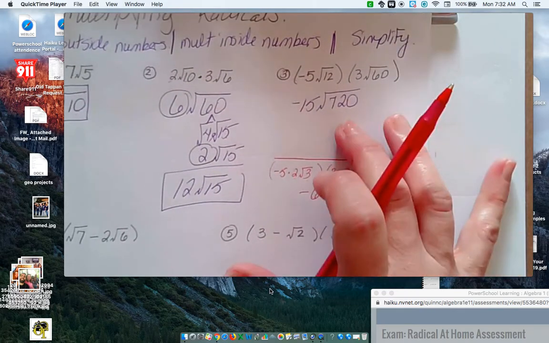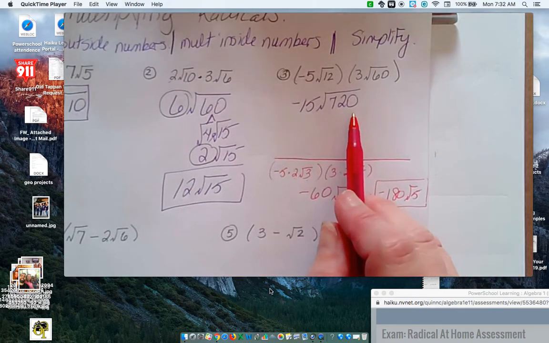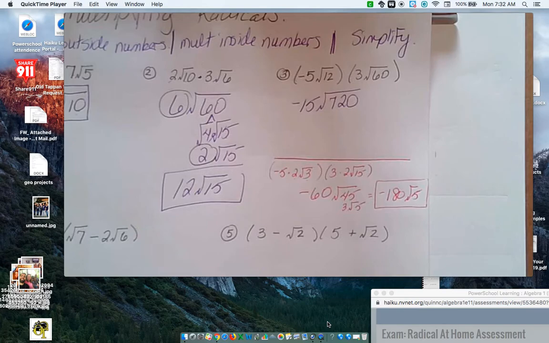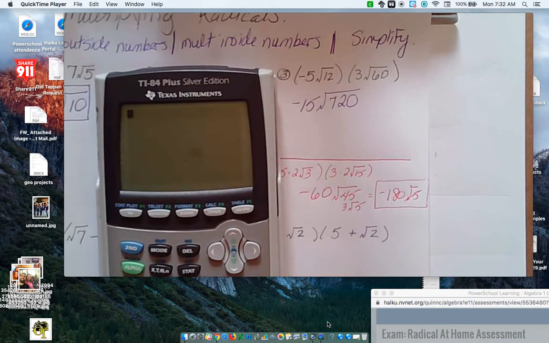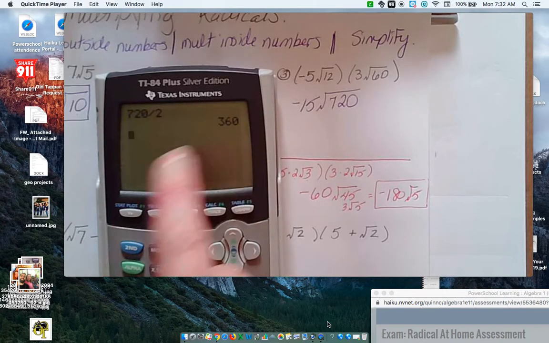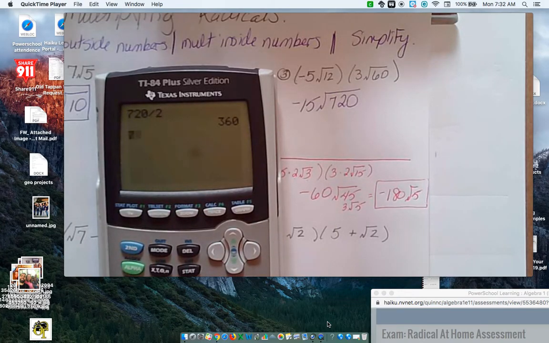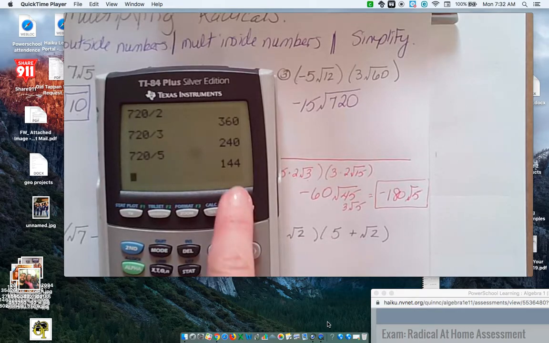If you decided to stick with this one, then you're going to have to try a whole bunch of numbers. Sometimes I go this way instead of dividing them with my perfect squares. Sometimes I will divide 720 divided by 2. 360 is not a perfect square. 720 divided by 3. 240 is not a perfect square. Let's see, 720 divided by, well, 4 is a perfect square, so I'm going to try only prime numbers. 5 and 44.